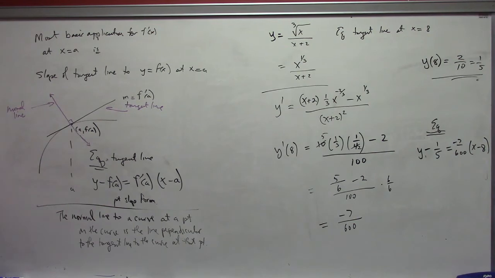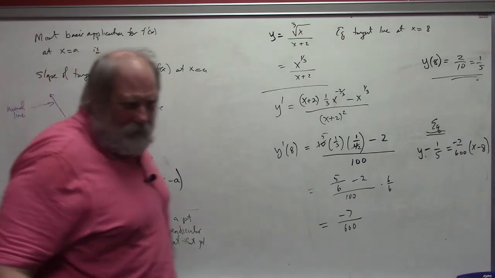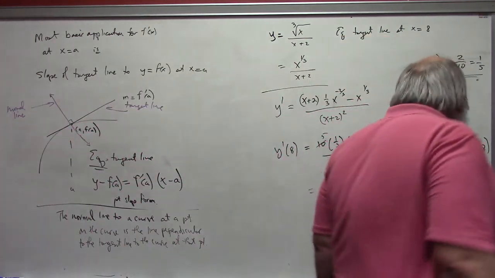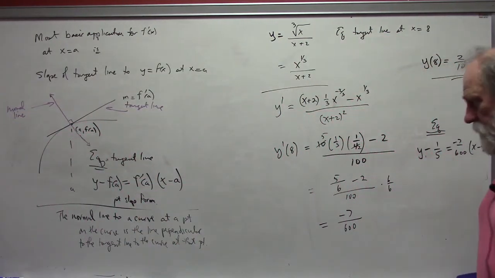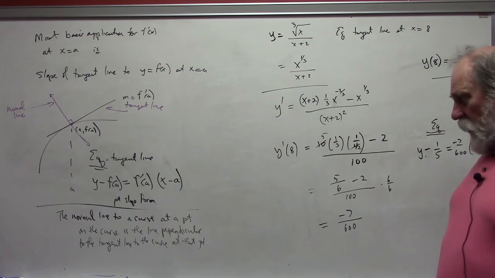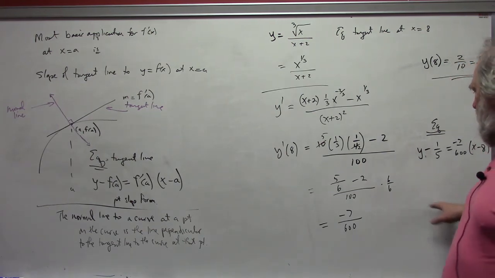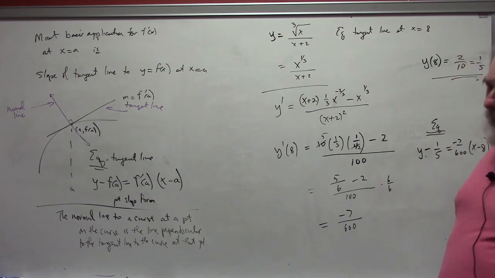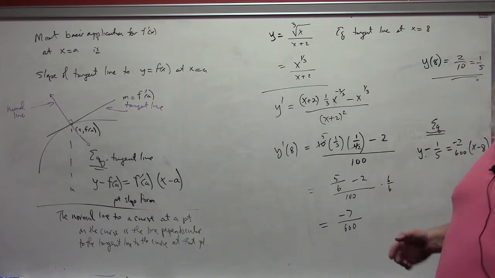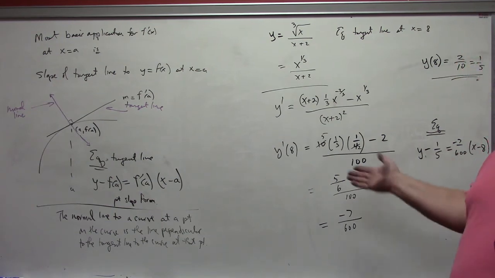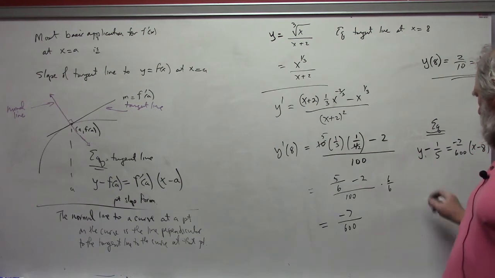Now, the nice part is that given what we know about perpendicular lines, the slopes are negative reciprocals of each other. So if I find the equation of the tangent line, it's very easy to find the equation of the normal line to the curve at the same point.